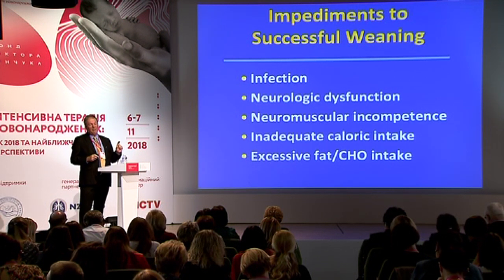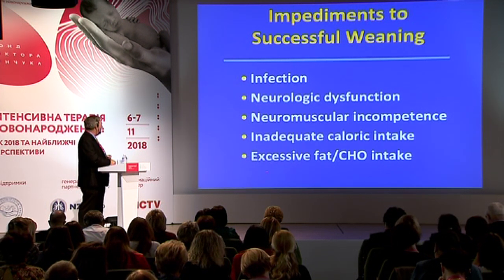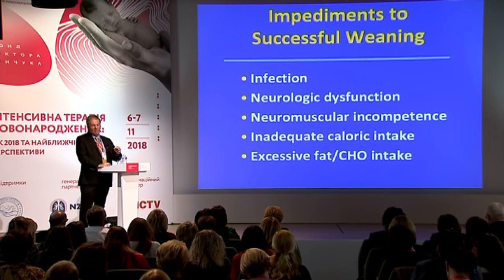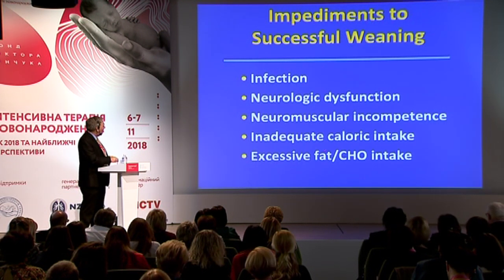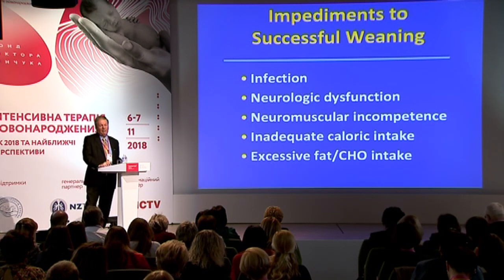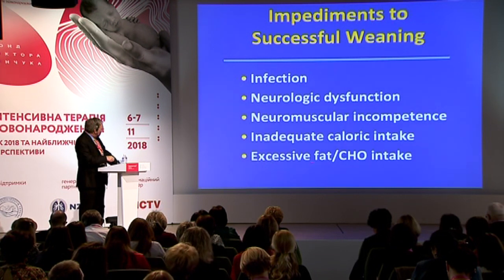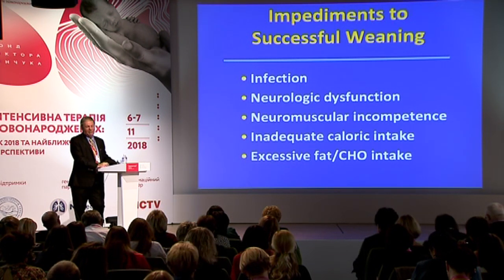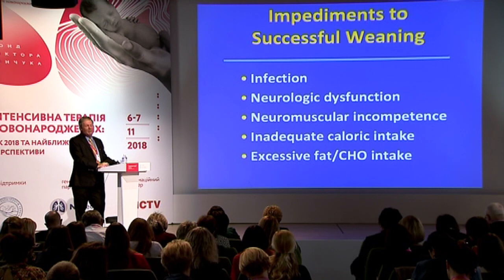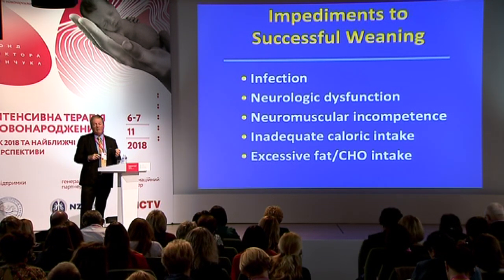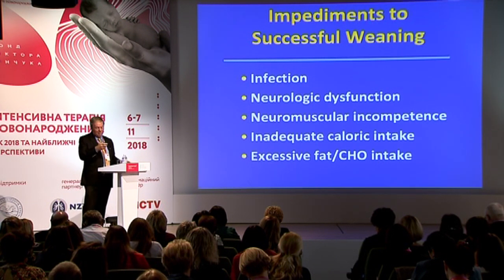But there is a converse to this as well, and that is sometimes in our haste to get enough calories into the baby, we overdo the fat and carbohydrate intake. And if you remember, the end product of metabolism of fat and carbohydrate is carbon dioxide. So we may produce more carbon dioxide and therefore increase the burden of breathing for the baby.